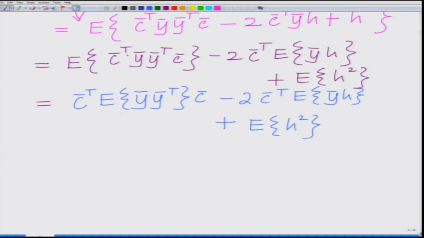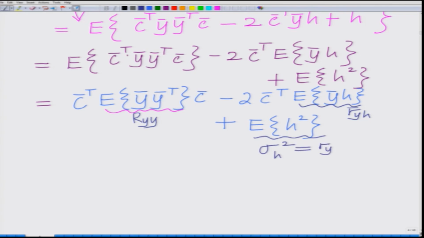Now, realize that expected value of y bar y bar transpose is nothing but your R y. Expected value of y bar h is a vector r y bar h. Expected value of h square is simply sigma h square.